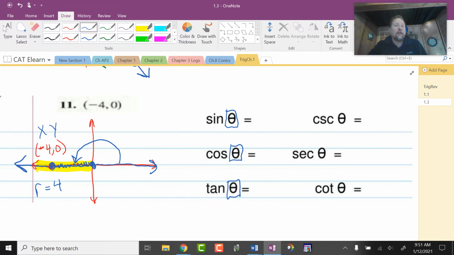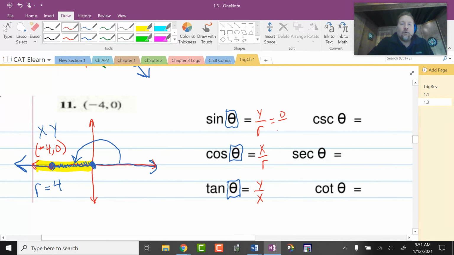So I don't need no triangle. I just need to remember sine is sir, cosine is kicks, tangent is ticks, and I must use that now. I can't avoid it. Sine is 0/4. Now, type that in your calculator.